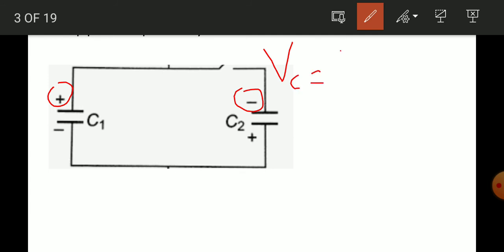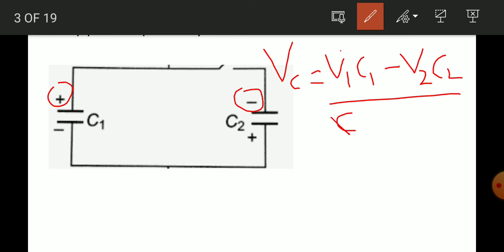It will be (V1 C1 minus V2 C2) divided by (C1 plus C2). So the minus sign comes when you connect capacitors with reverse polarity.